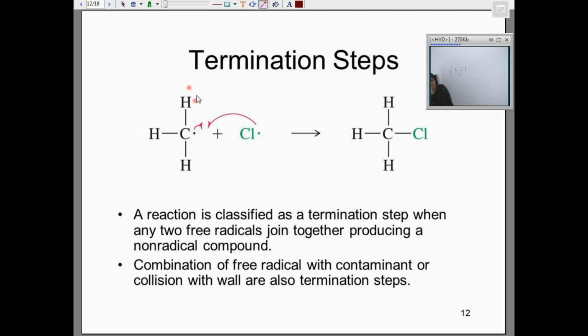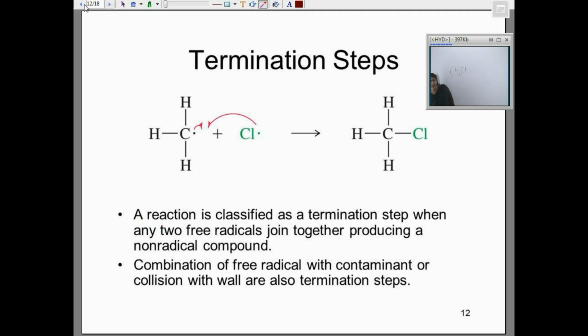This CH3 methyl free radical colliding with another methyl radical: can you guess what will be formed? CH3 plus CH3 gives C2H6. Ethane will be formed, but we don't want ethane. So all these bring the reaction to a stop. These are the termination steps.